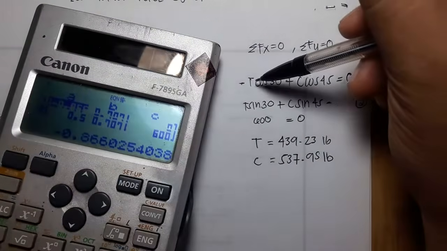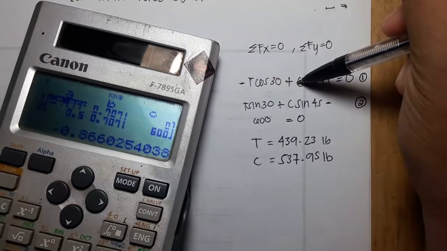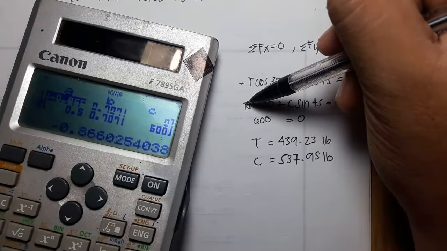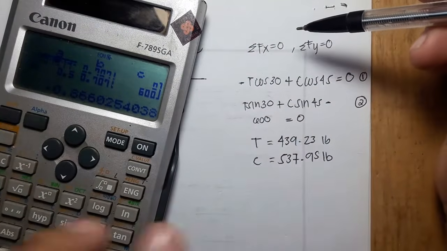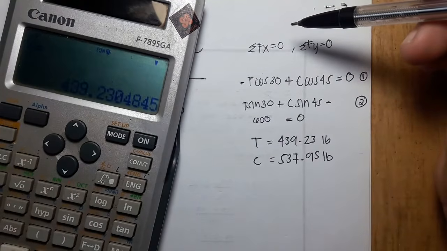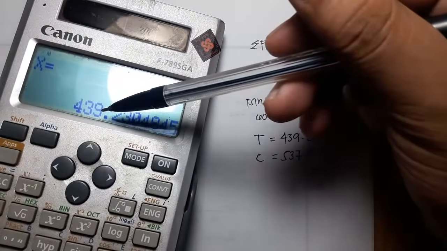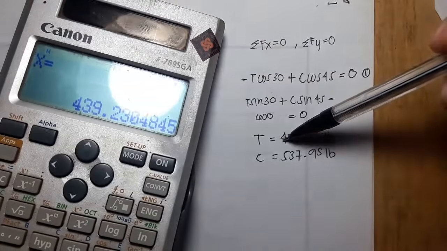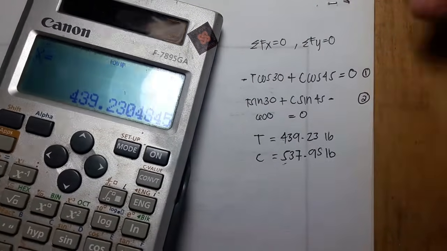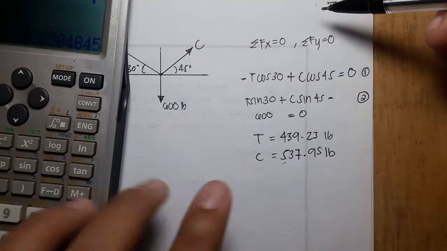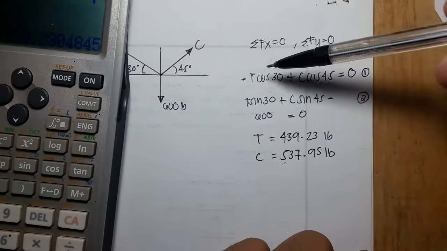If we put first the T, then cosine, we should also put the T first again, then the cosine, so it will give us the value of T and for the C. You should always put it in order.